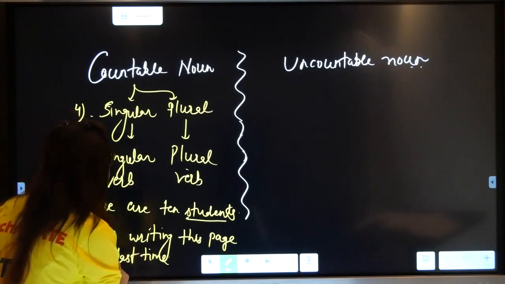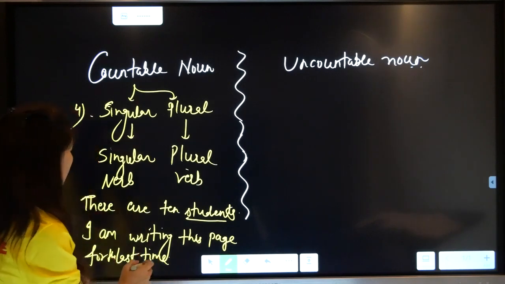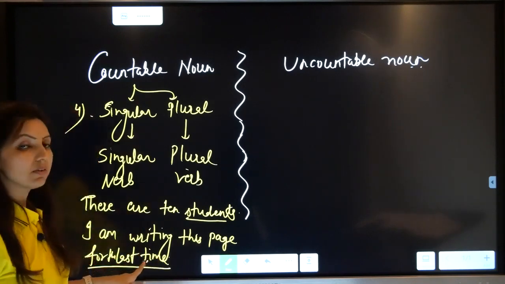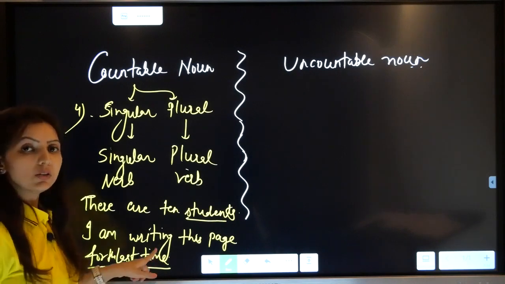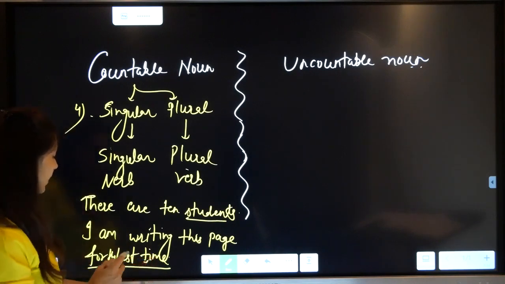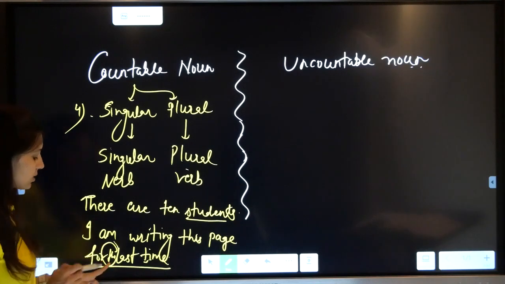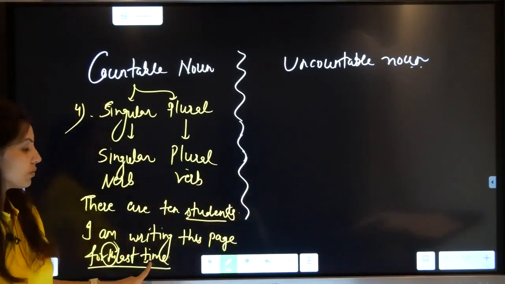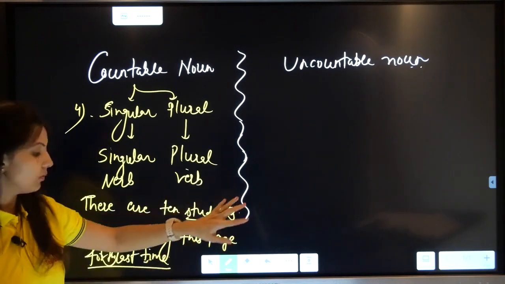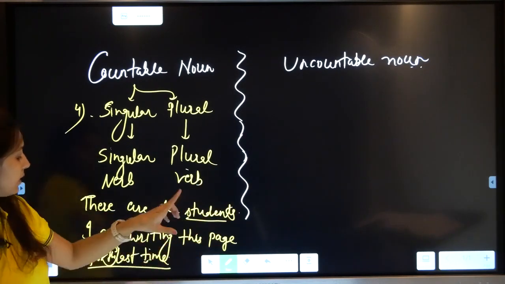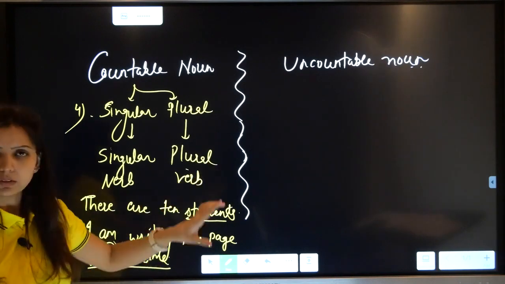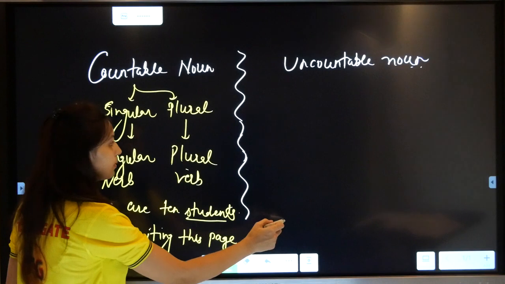Now, in this case, you will observe one thing: the word time is given. If I use such a word, what you observed here is that I used the term the. So the article the will be used here because time is an example of an uncountable noun. So this example has a term or noun which is an example of an uncountable noun. You can utilize this example here as well.